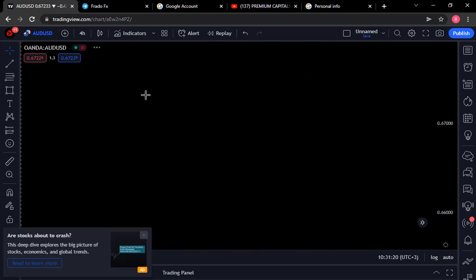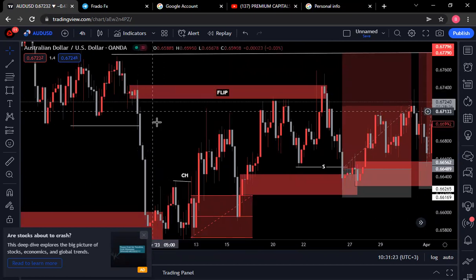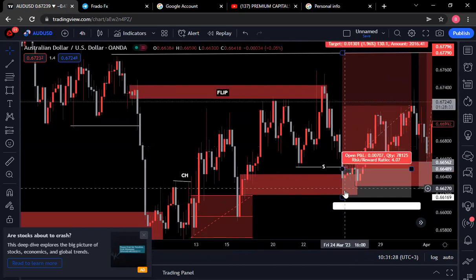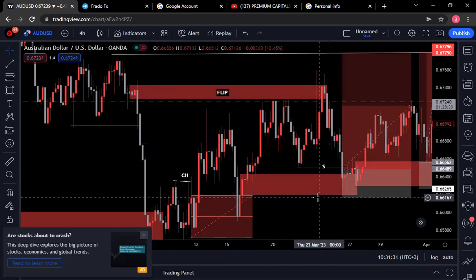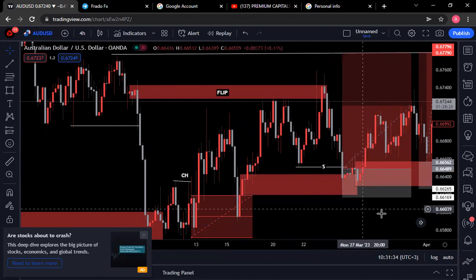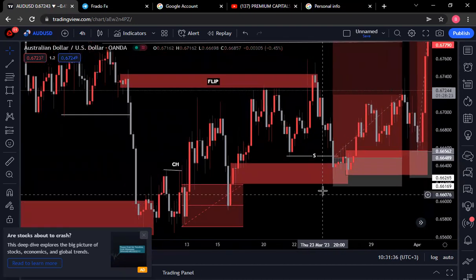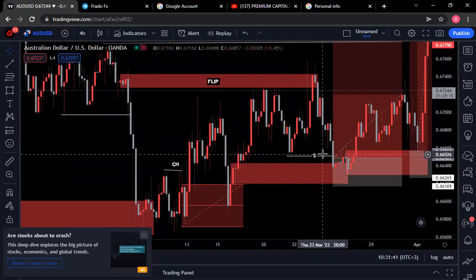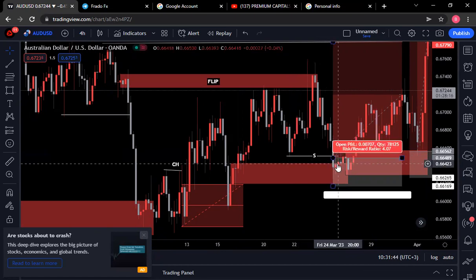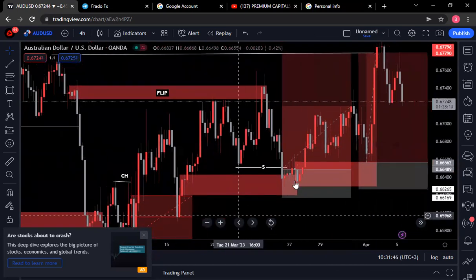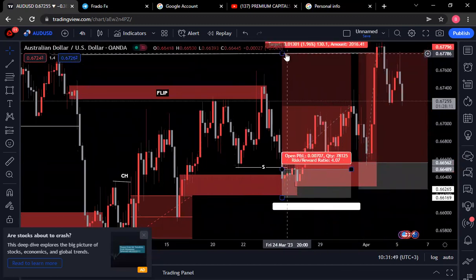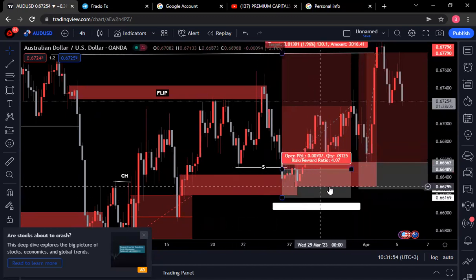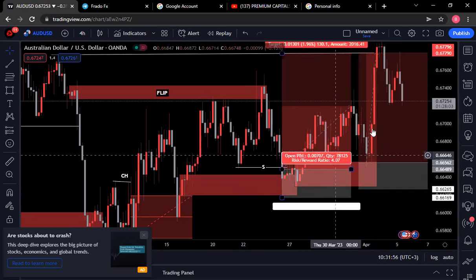Why? Because this was supply. It had all the features of supply. So what we had to wait for was just a mitigation to this demand here below, and that is what happened. On the way, before mitigating this demand, you can see we had inducement of liquidity, which confirmed that we could buy, and the volume was very harsh, and this is where our TP was. The second entry here also had some inducement of liquidity before we took this buy.